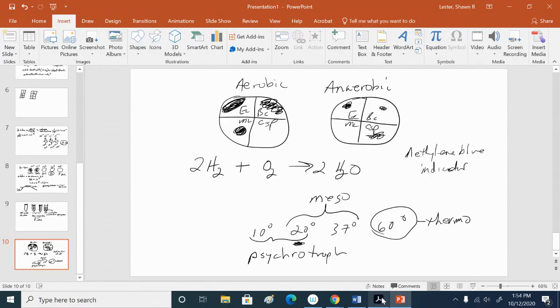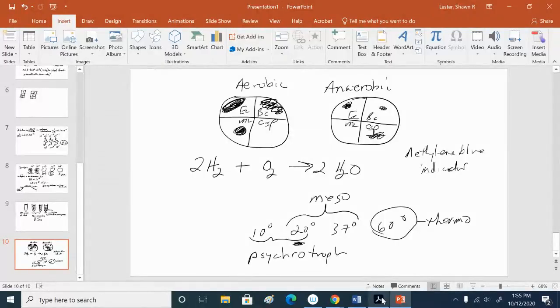Protection is a good umbrella term. It can protect them from UV, from oxidative stress and free radicals, and from predators. So the pigments do serve a purpose. They're not just to make the bacteria pretty. Bacteria are not vain like human beings, right?